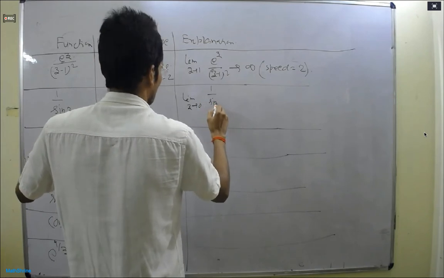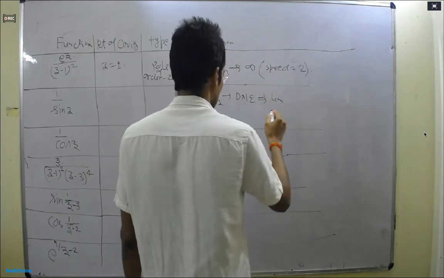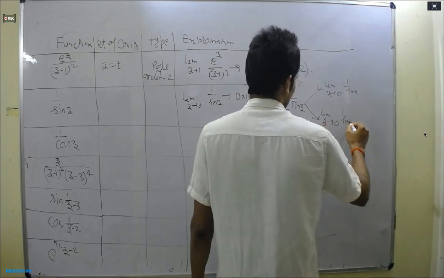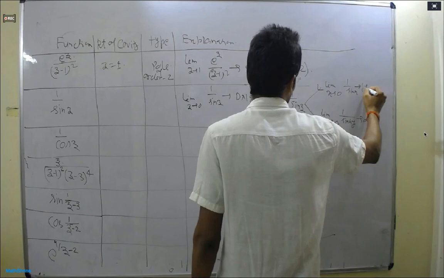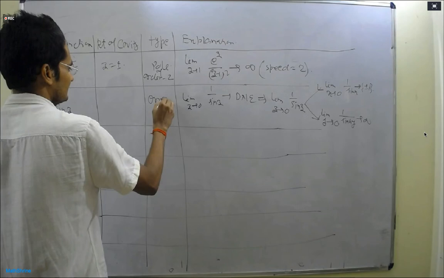Along the imaginary axis, y tends to 0, 1 upon sin hyperbolic y goes to the infinity, and along the real axis it will oscillate between plus minus 1. So this is the essential singularity here, z is equal to 0.